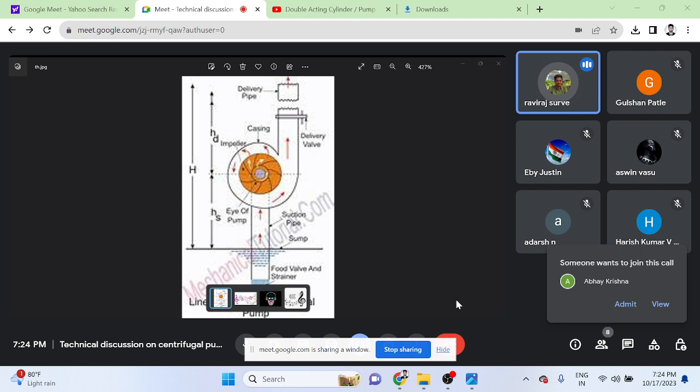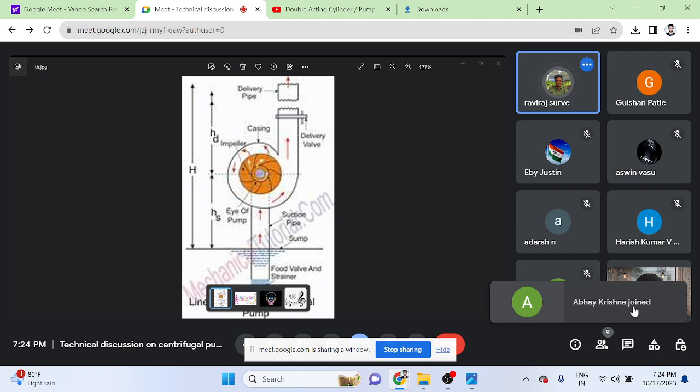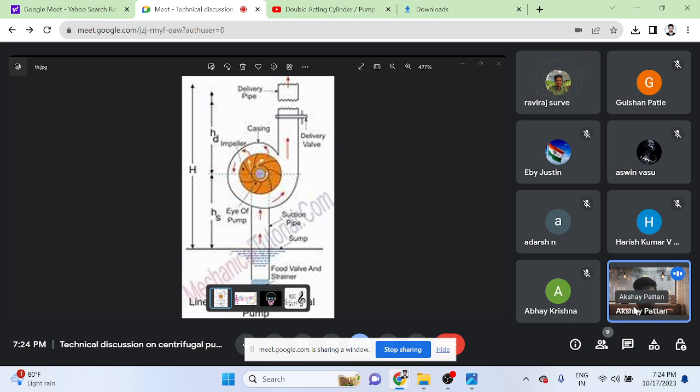Stuffing box or sealing box consists of the gland packing and lantern ring. We know that in centrifugal pump there is some clearance between the impeller shaft and the casing. There is some chance of water leakage from this clearance, so we provide the gland packing into this clearance to avoid the leakages.